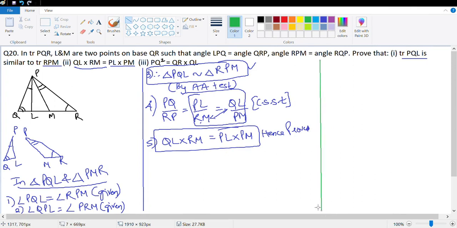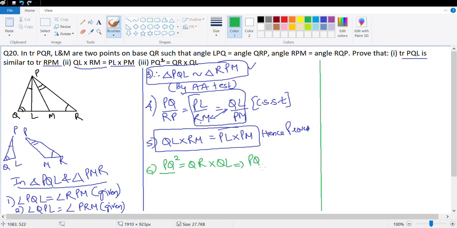Let's look at the last part of the question and see what we have to do to get there. Part 3 says we need to prove PQ square is equal to QR into QL. I hope you remember how to figure out which two triangles to prove similar.